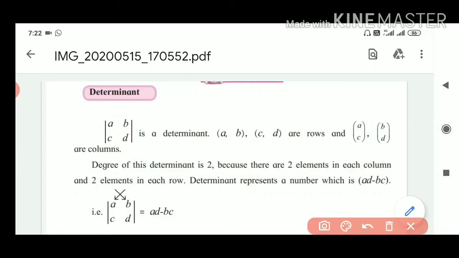In this determinant, AB and CD are called rows and AC and BD are called columns. Degree of this determinant is 2 because there are two elements in each column and two elements in each row.